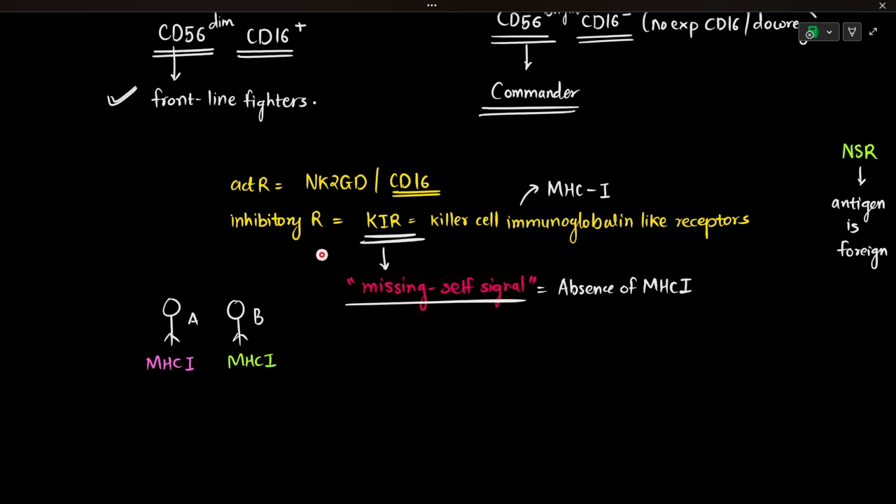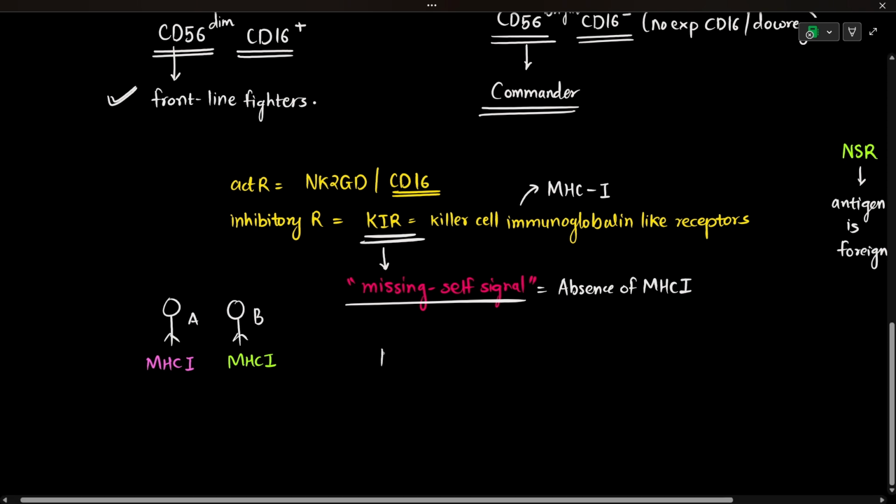So how does a natural killer cell get activated? It gets activated due to different chemical mediators such as interferon gamma, IL-2, interleukin 12, IL-18. So these are the few chemical mediators that can activate natural killer cells.